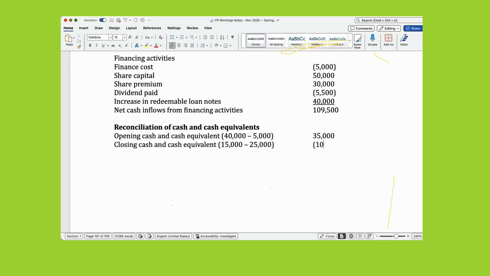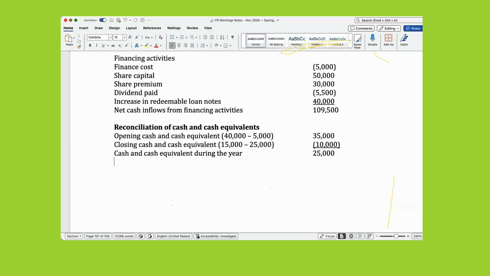That's minus 10. So the change in cash and cash equivalents during the year is how much?